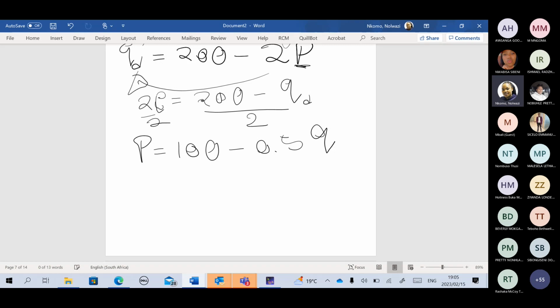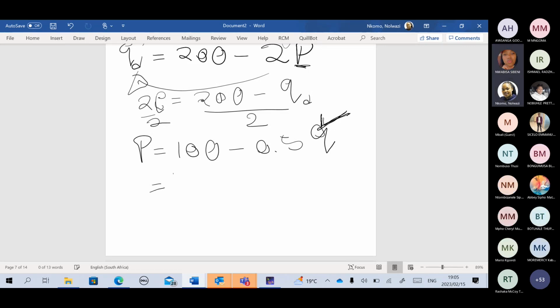And we said we want to know how much the consumers are willing to pay if 60 units are now available in the market. So the next step is to substitute your 60 here on your quantity.